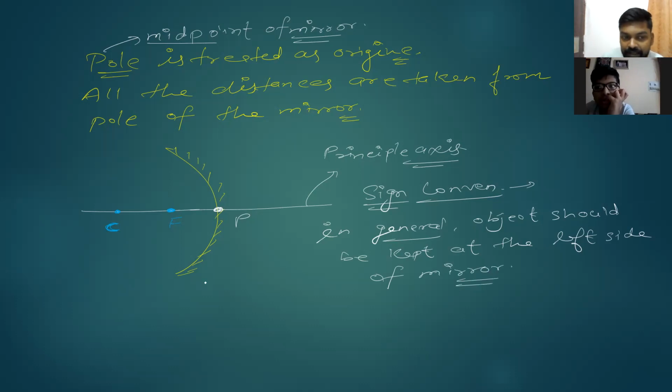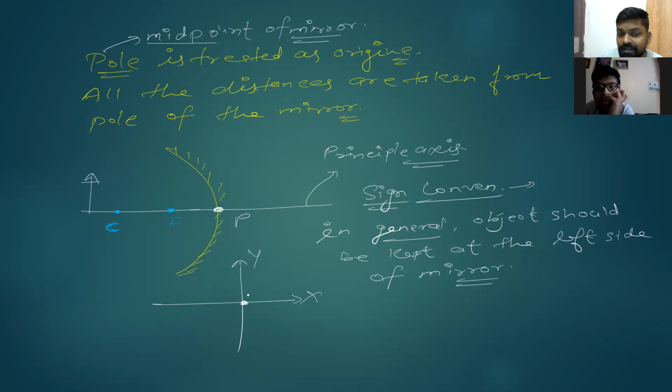So we can say that if the object is kept at this side, and we know very well in a coordinate system, there are two axes, x and y axis. This point is known as origin.